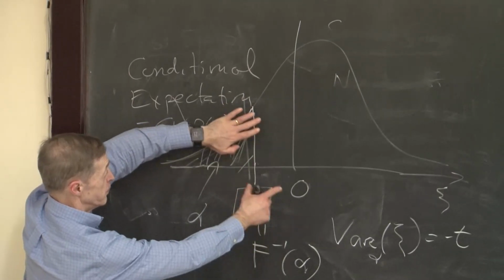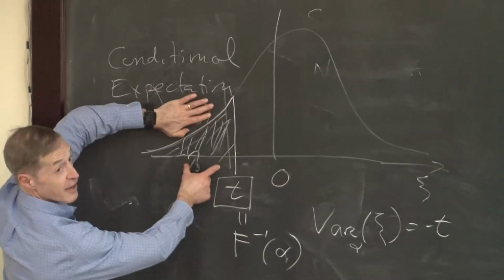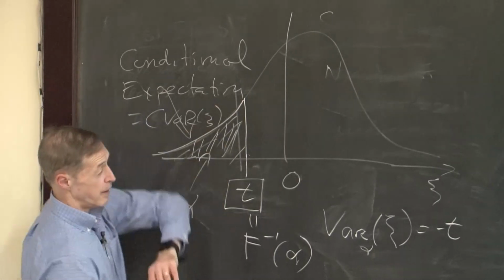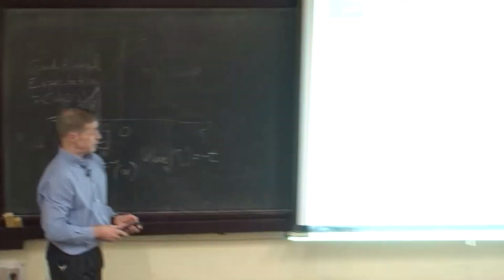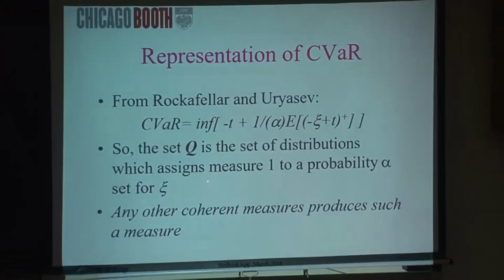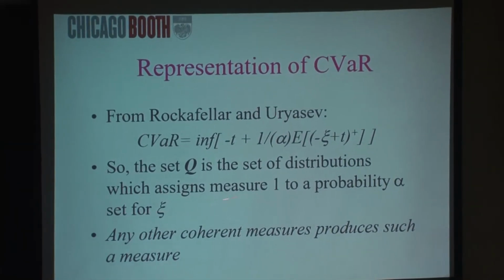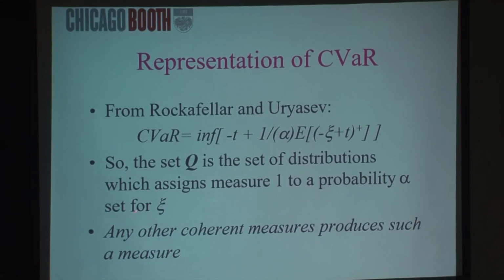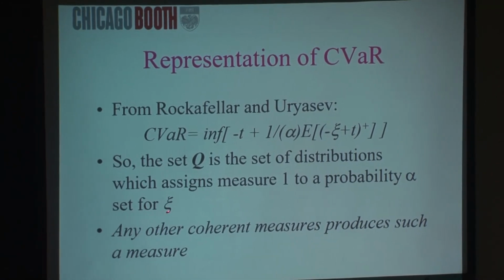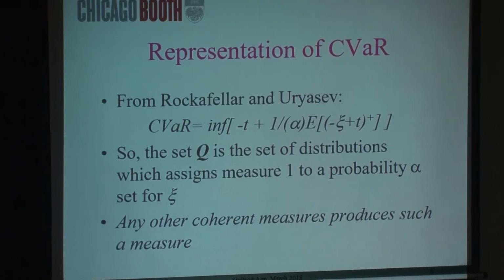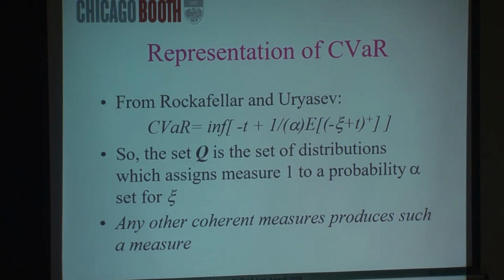So where you would put that alpha would be wherever it has the lowest part. So it's the distribution that gives the measure 1 to a probability alpha region that has the lowest possible value. And that makes it a coherent risk measure.